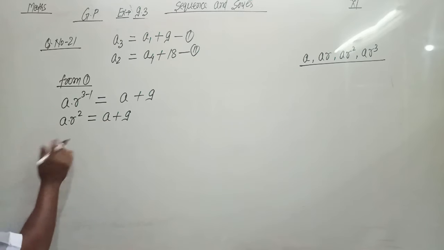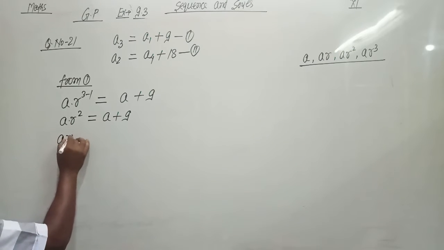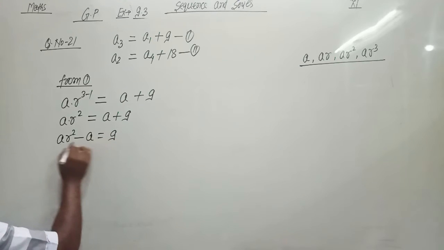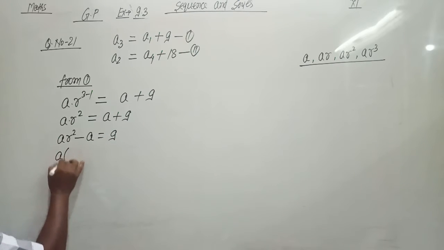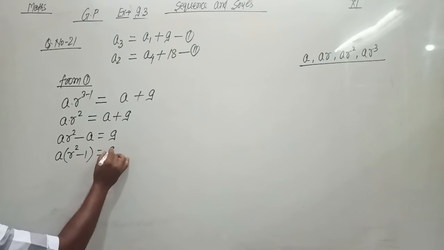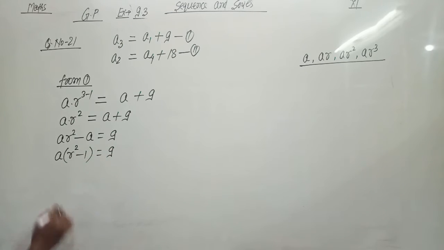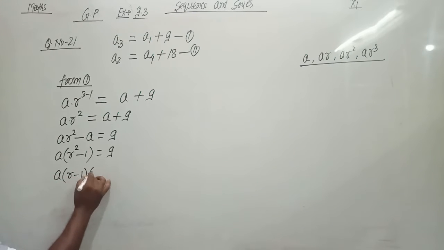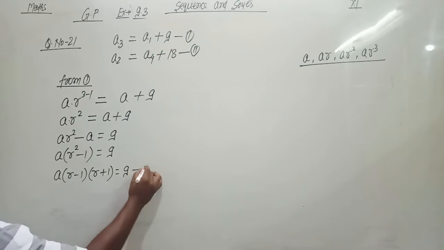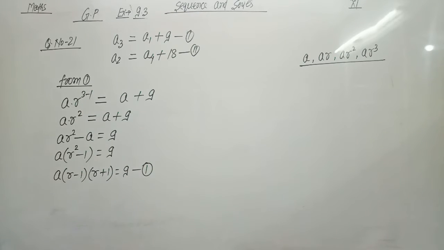This a will go on the left side. So a into r square minus a equals 9. From the first two terms, a is common. So a into r square minus 1 equals 9. This is the first equation.